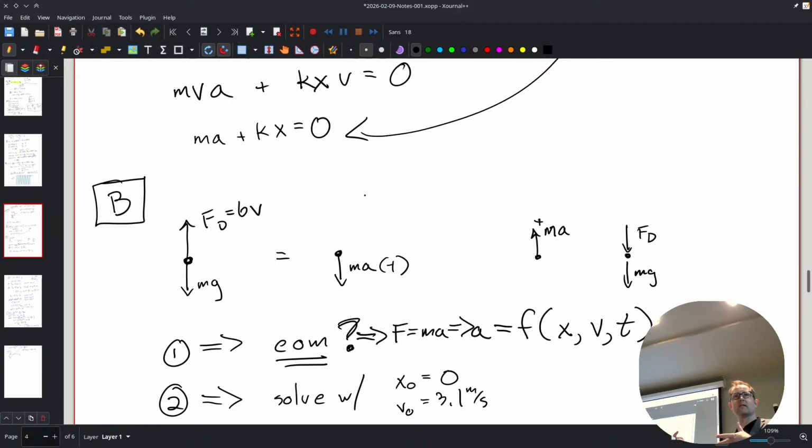Is that what we wanted? Maybe? It's at least what I told you to do, right? Here's damping, there's gravity, solve it this way. Some people had the idea of, hey, what if there was buoyancy in here? How would that change this problem?